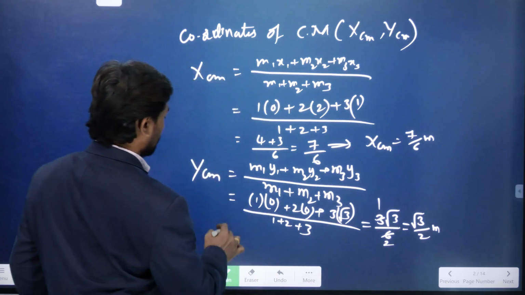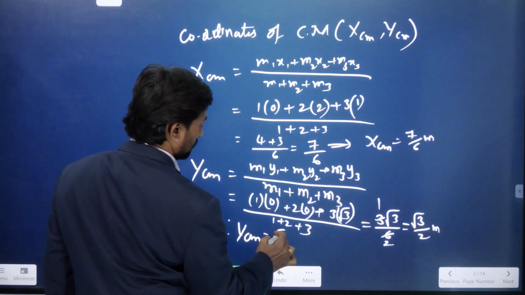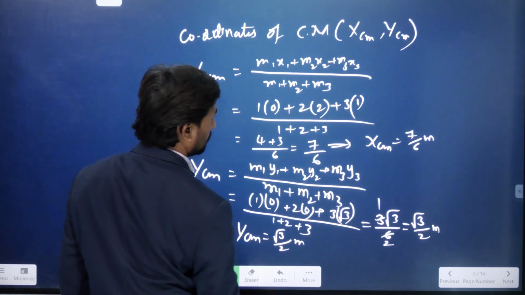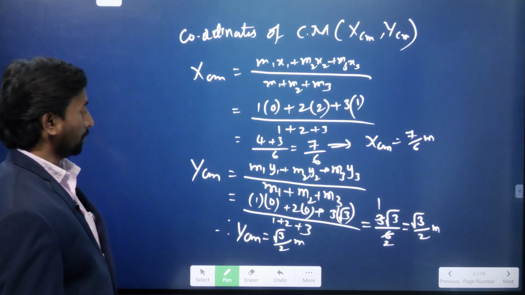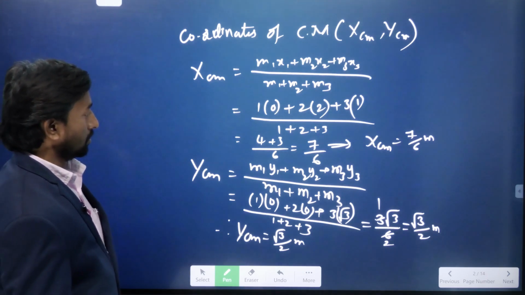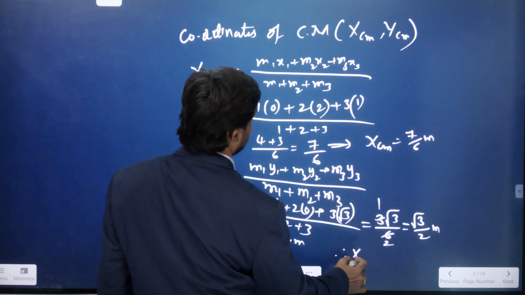Therefore ycm is equal to root 3 by 2 meters. So up to here you write down. Therefore we got the coordinates of the center of mass.